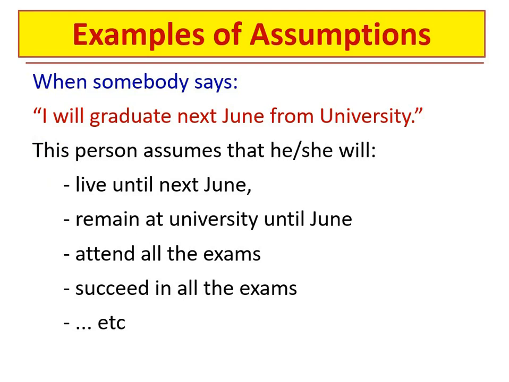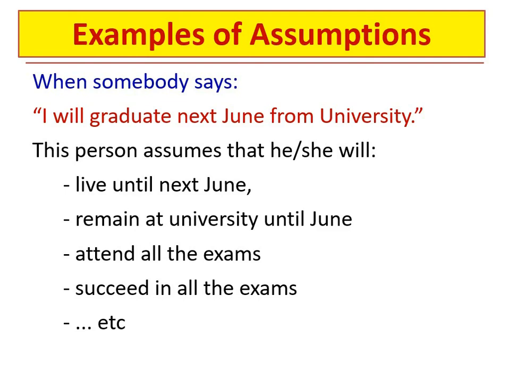Number three, attend all the exams. And number four, succeed in all the exams. All these assumptions are adopted or assumed by the speaker here because he said, I will graduate next June from university. So he will live until next June, first assumption.